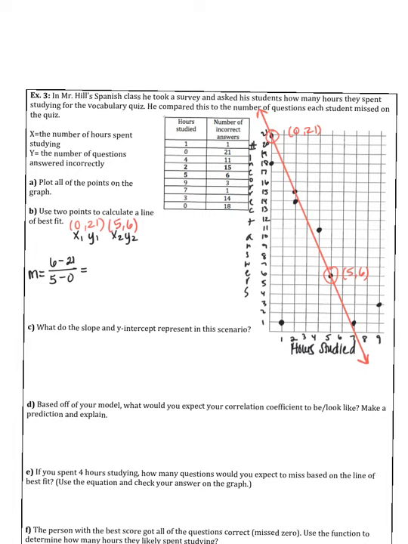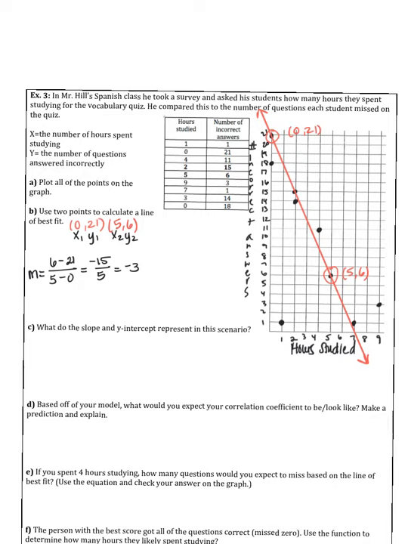All right, so 6 minus 21 is negative 15, and 5 minus 0 is 5. And negative 15 over 5 reduces down to negative 3. So there's my slope.